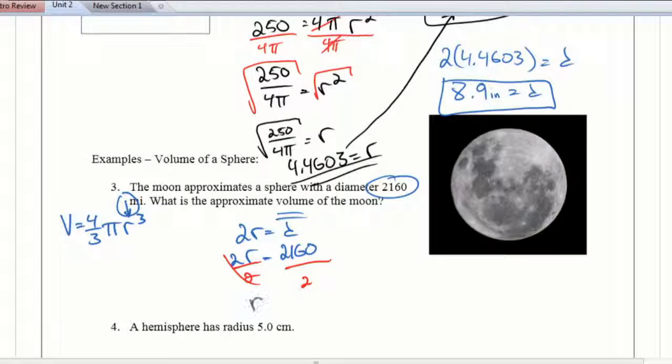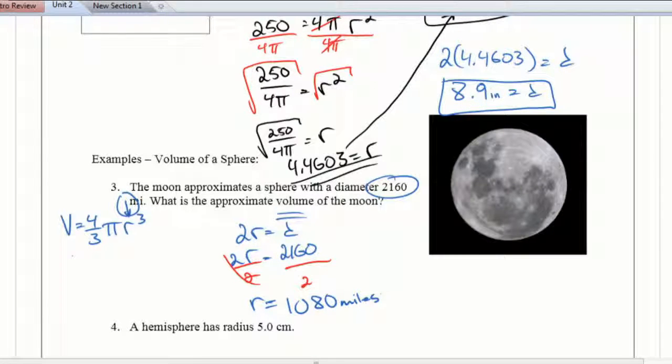The radius is just gonna be the diameter divided by 2. So 2,160 divided by 2, end up with 1,080. So 1,080 miles is going to be the radius.